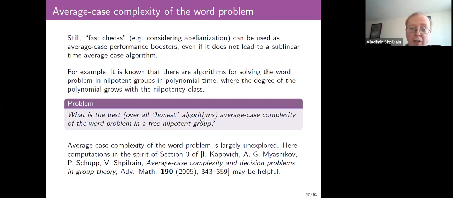But nevertheless, in smooth groups like free nilpotent groups, still by straightforward computation, in the spirit of standard probability theory, I believe the expected runtime of this combined algorithm can be computed, and I'm almost sure that the average case complexity should be lower than the worst case complexity of the honest standard algorithm.